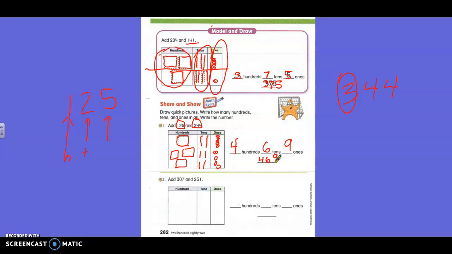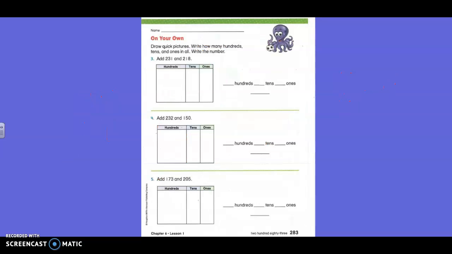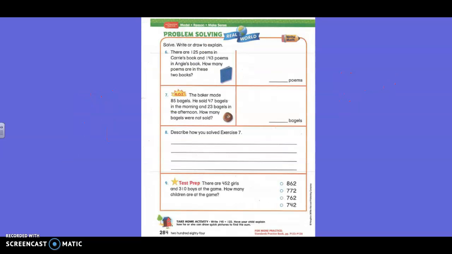Okay. Do you think we need to do the next one, or can you guys do it with your partner? Okay, I'm going to have you do them with your partners then. Okay? Before we go to partner work, let's go to the last page. Okay.